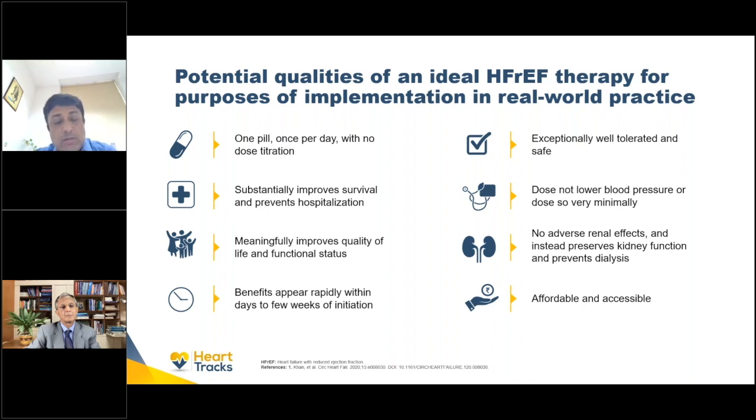It improves morbidity, quality of life, and functional status. The benefit should start appearing within a few days or weeks of initiation. The drug should be exceptionally well tolerated and safe, should not cause hypotension, and should not have much adverse effect on other important major organs.